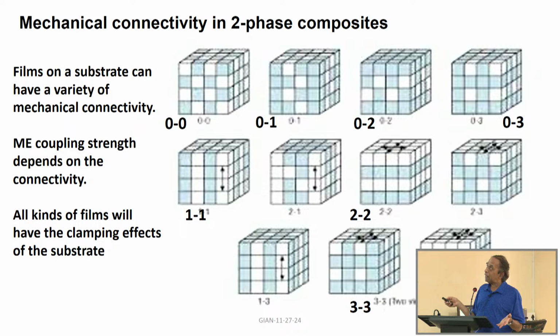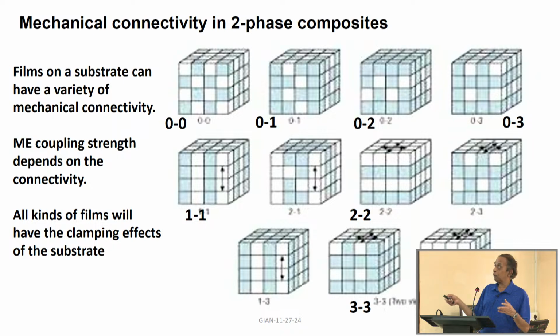This is about the mechanical connectivity between the two phases in a composite, a ferromagnet and a ferroelectric. So, we represent the connectivity with two numbers. There are two phases. The first number tells you how the first phase is connected to itself, and the second one the same way for the second phase.